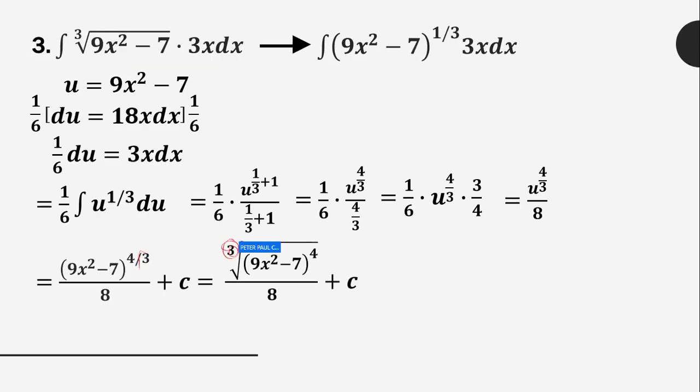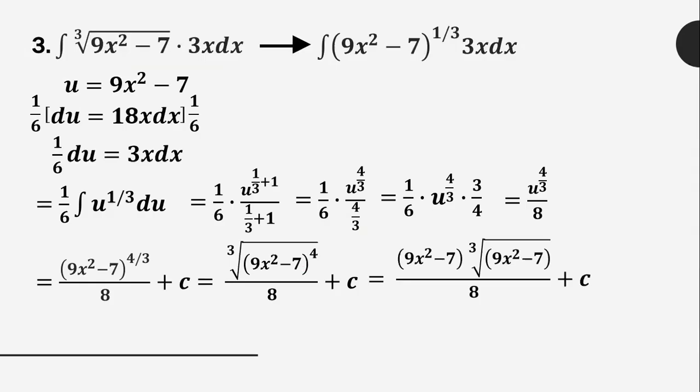That's why our root is a cube root of the quantity 9x squared minus 7 to the 4th over 8. Notice that this one still has a perfect cube. Okay, so what will remain is the quantity 9x squared minus 7, the cube root of 9x squared minus 7 over 8 plus c. And this is now the final answer.